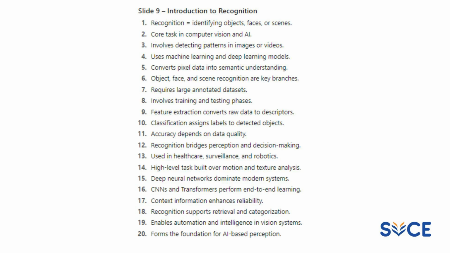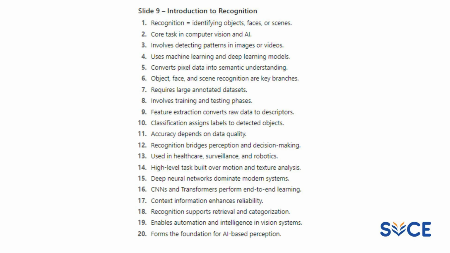It allows machines not only to observe but to understand and interpret visual information. With the growth of deep learning, big data, and computational power, recognition systems have reached human-level performance in many domains. However, achieving reliable recognition across varying environments and conditions remains an ongoing challenge.